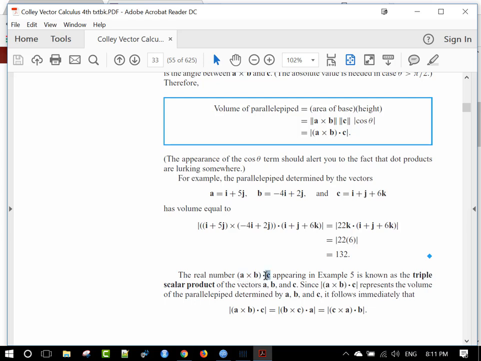This is known as the triple scalar product, A cross B dot C. They said that since A cross B dot C represents the volume of the parallelepiped determined by A, B, and C, it follows immediately that A cross B dot C is equal to B cross C dot A. So these are all equal apparently.